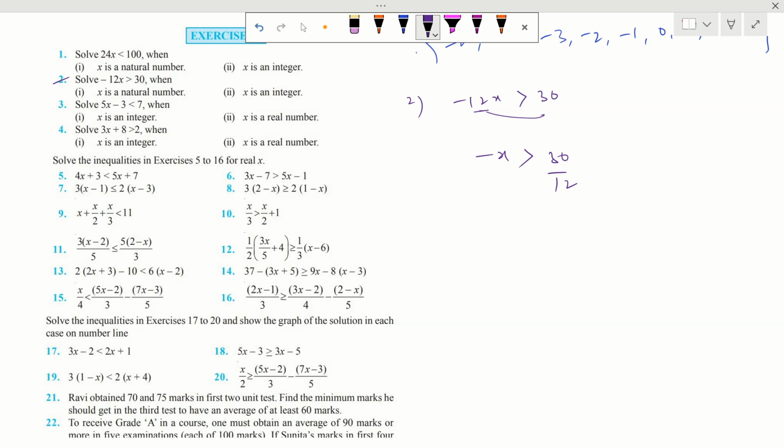The negative sign, keep it here only, and after that you take the division. So here 3 4s are 12 and 3 10s are 30. 2 2s are 4, 2 5s are 10, and minus x is greater than 5 by 2 we are having.